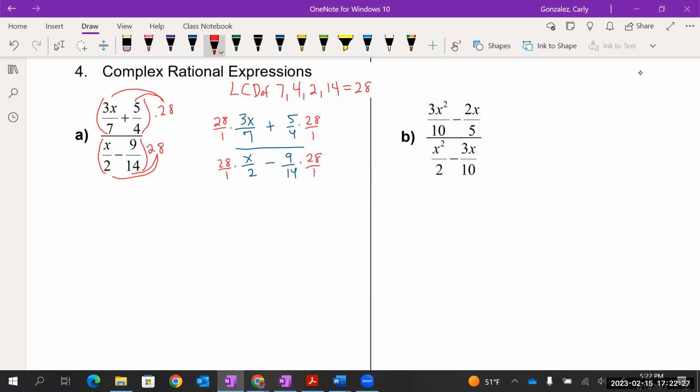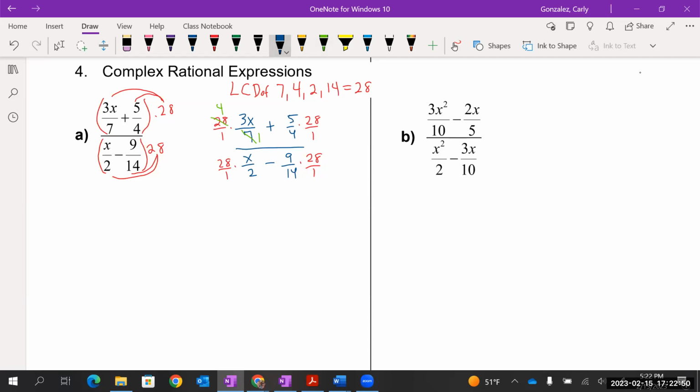And now we're ready. On the top left, I'm going to reduce first. I'm going to reduce the 7 and the 28. Both of those are divisible by 7. So 7 divided by 7 is 1, and 28 divided by 7 is 4.